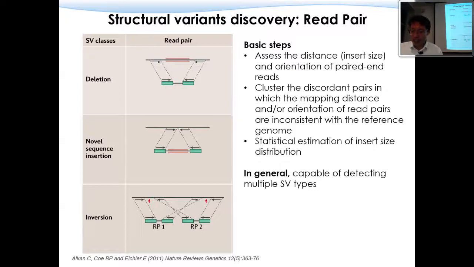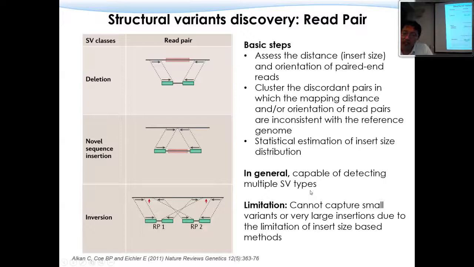I appreciate that. In general, this will be capable of detecting multiple types of structure variations. And the limitation of this is it cannot capture small variants, because if your deletion size, for example, is 5,000 bases, it's pretty obvious.